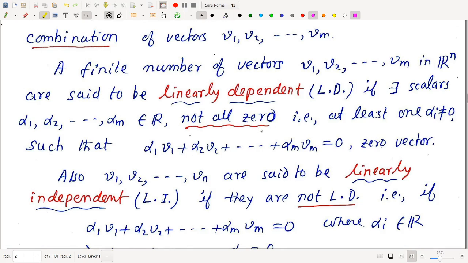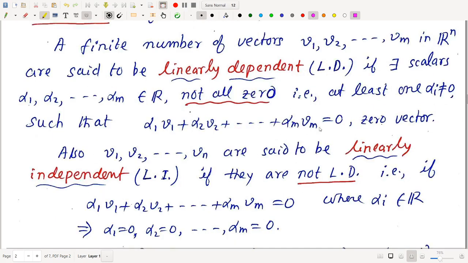Not all 0 means at least one of them is non-zero, such that the linear combination is 0: alpha 1 v1 plus alpha 2 v2 plus ... plus alpha m vm equal to 0. Here 0 means the 0 vector. So the linear combination is 0, but the scalar coefficients are not all 0. Then the vectors are said to be linearly dependent.